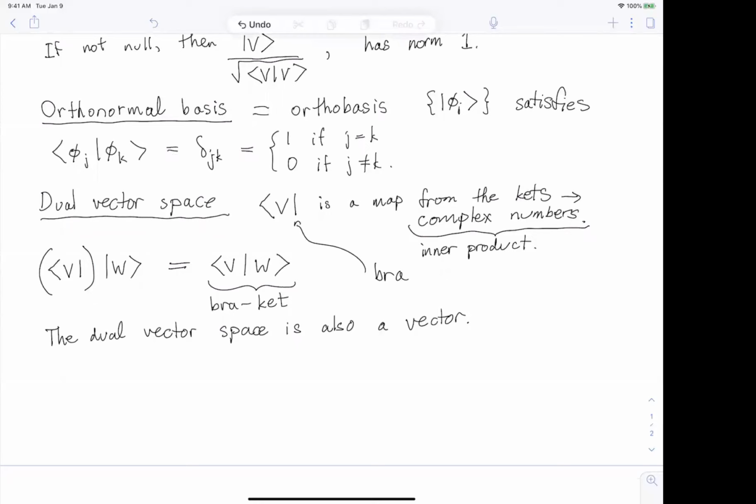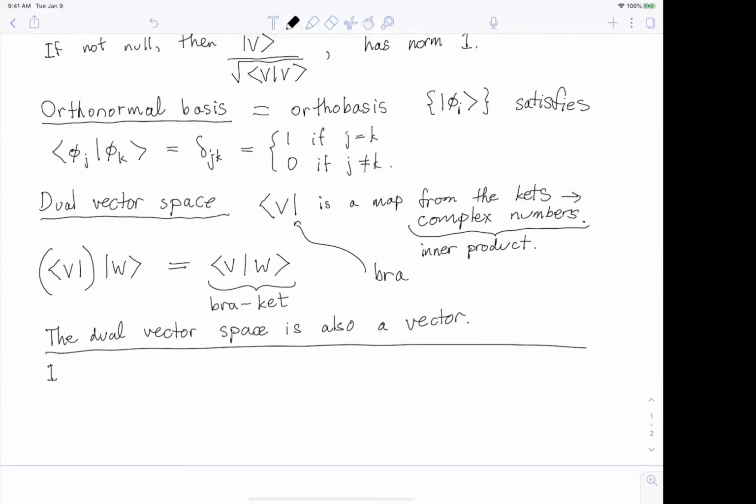So another way of saying that is this, that the inner product is a map from the kets and the bras into the complex numbers.